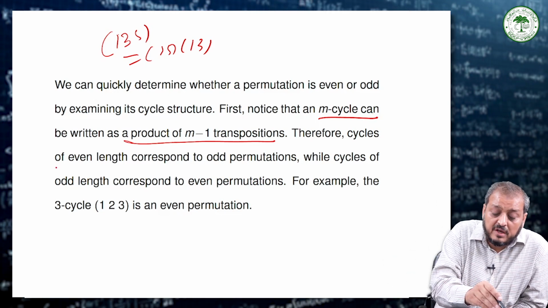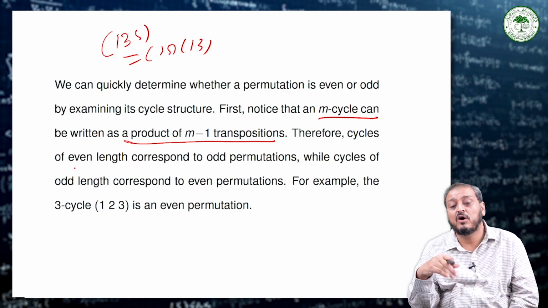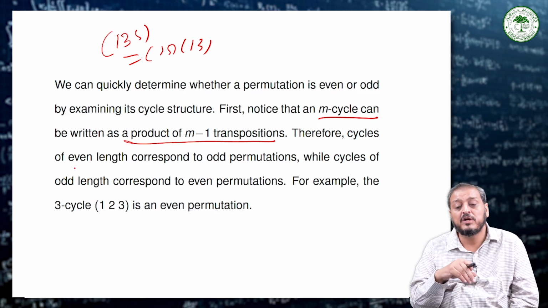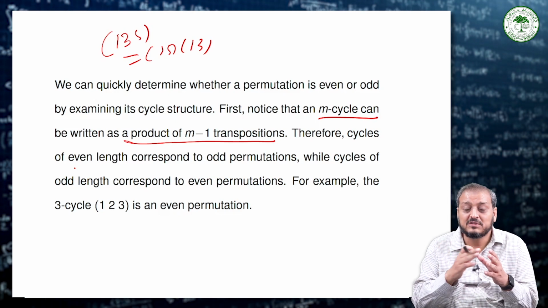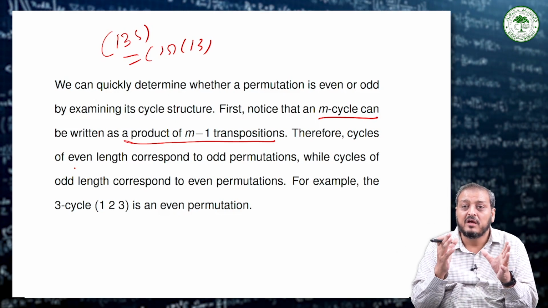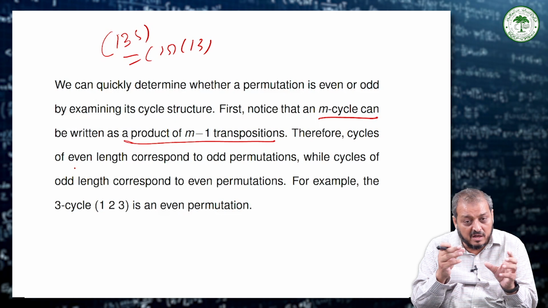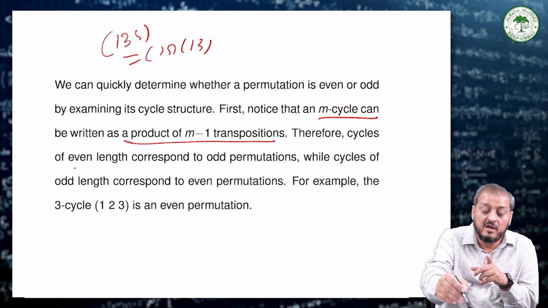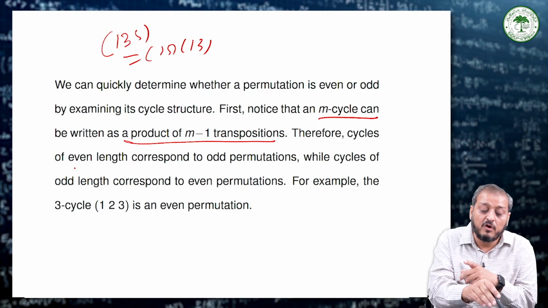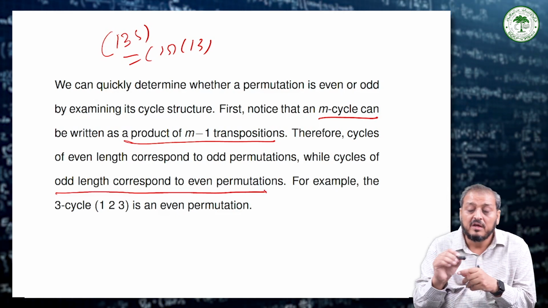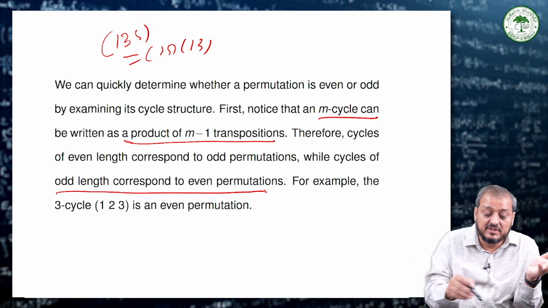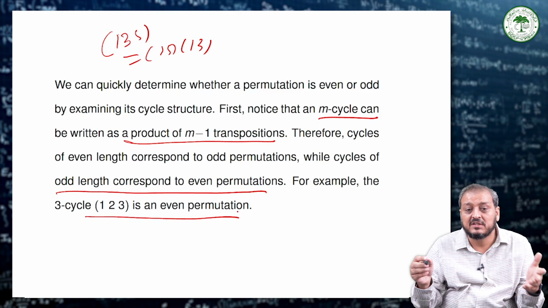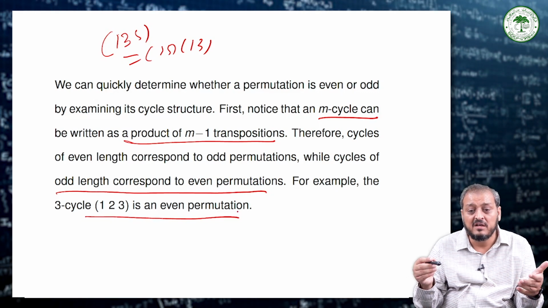Therefore, cycles of even length correspond to odd permutations, while cycles of odd length correspond to even permutations. For example, a 3-cycle is an even permutation, since a cycle of odd length corresponds to an even permutation.